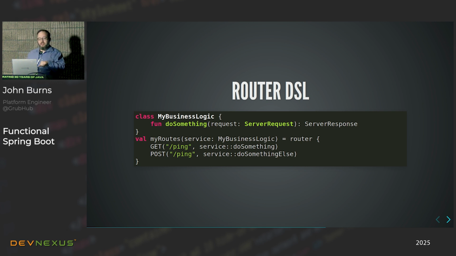The function that takes a server request and returns a server response. You can just construct the request and then see what response comes back, right? So you can test, oh, status code equals 404, whatever. That information is all available. You don't have to worry about configuring mock MVC, controller advice, all of that kind of stuff. So it's a lot more functional in terms of functional programming, where it's a pure function that takes an input and gives you a specific output.